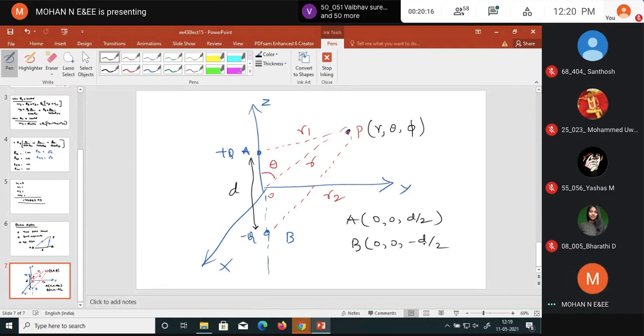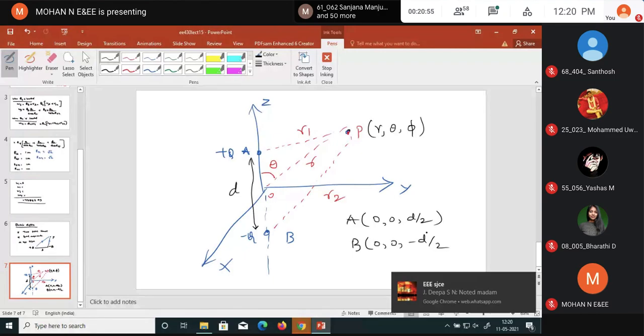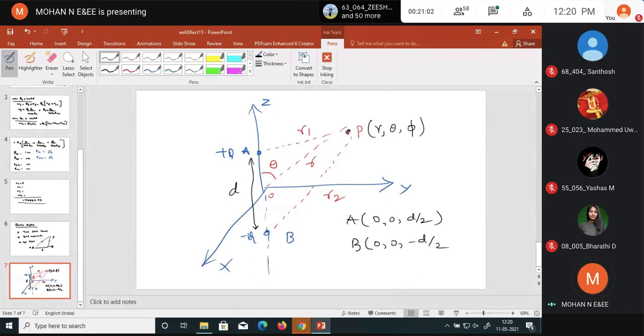These are the coordinates of A as well as B.